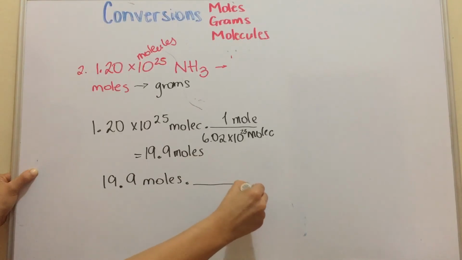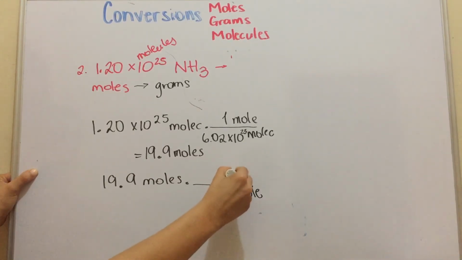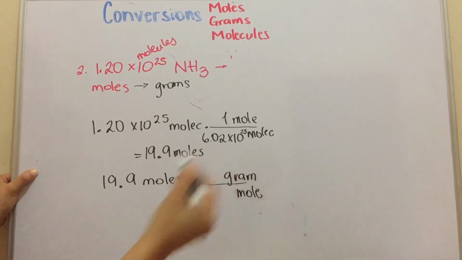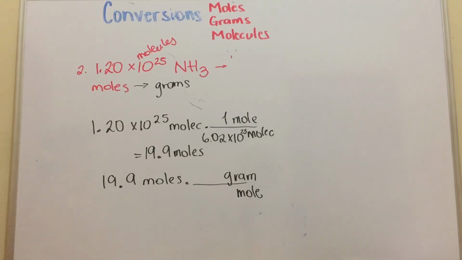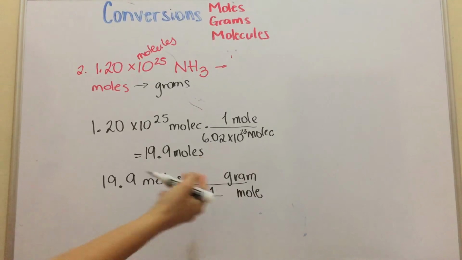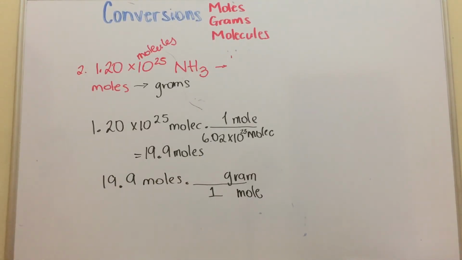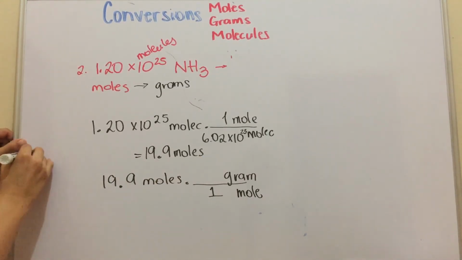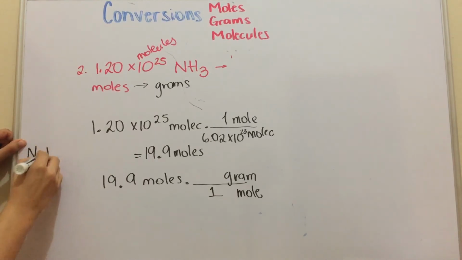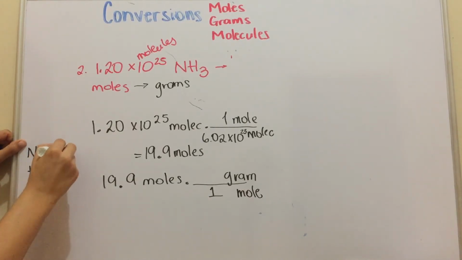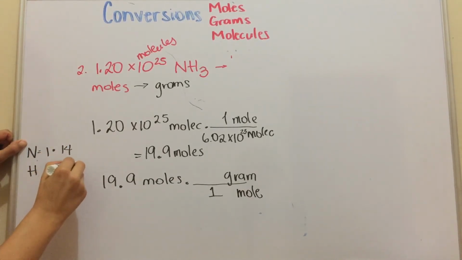We have moles down, and we have grams on the top. And of course, 1 mole is equal to the formula mass, so 1 mole goes down. And I'm going to find how much ammonia weighs. So I have nitrogen, I only have 1, and hydrogen has 3. Nitrogen weighs 14, and hydrogen 1.01.